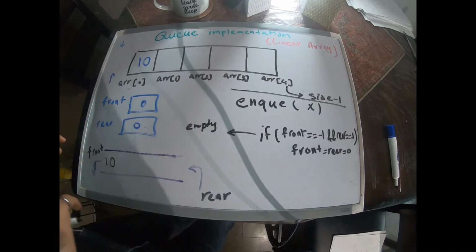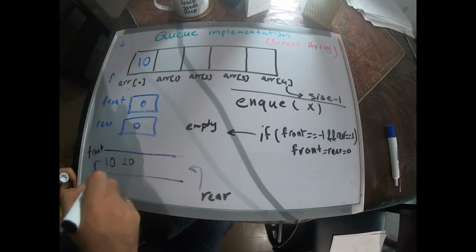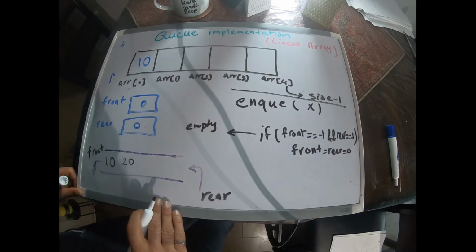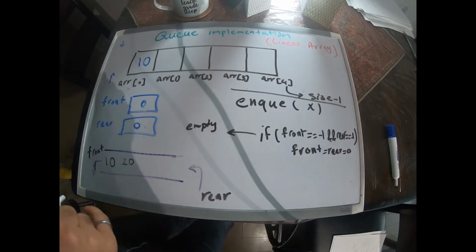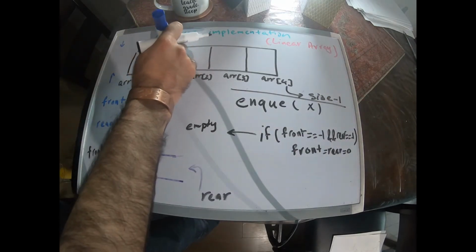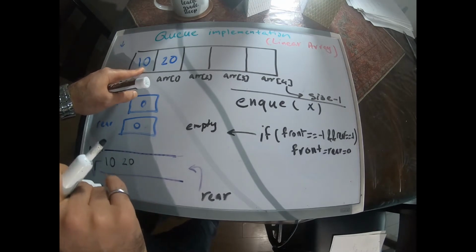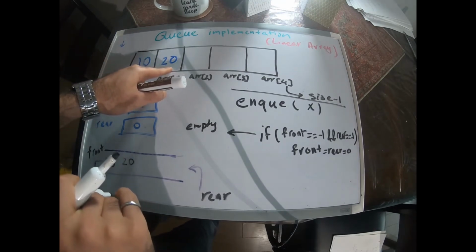The next number that we want to enqueue, let's say it's going to be number 20. Okay, in this case, 20 should go here. So this is going to be our front of the queue. This is going to be the rear of the queue.